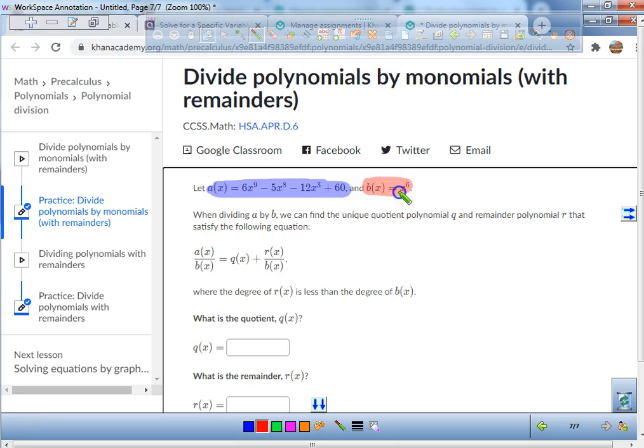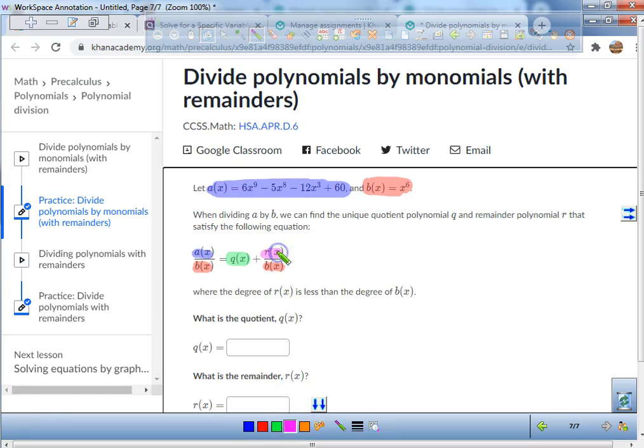All right. And so we're going to take a of x and divide it by b of x, and whatever we have, that's going to be our quotient. Whatever we have left is going to be called the remainder. So just remember, we have a of x being divided by b of x. And there's the divisor right there. We're looking for the quotient, which is going to be this guy. And whatever we have left over, we're going to call the remainder.